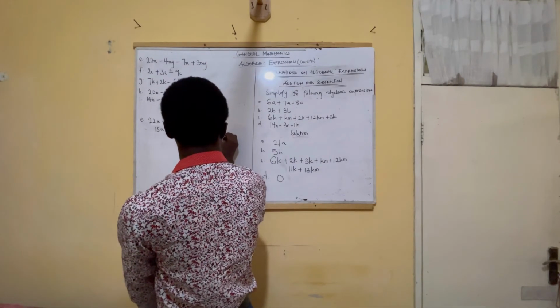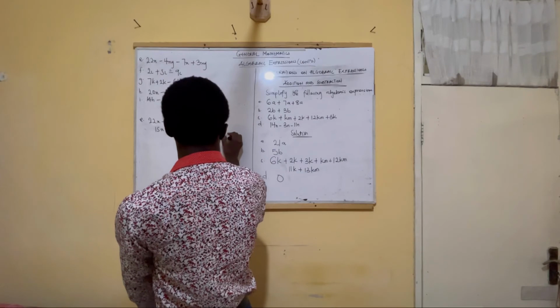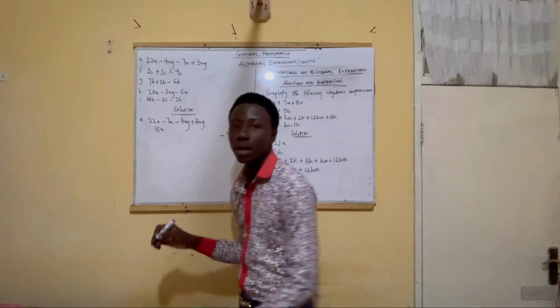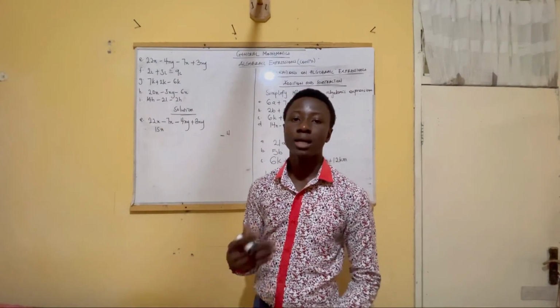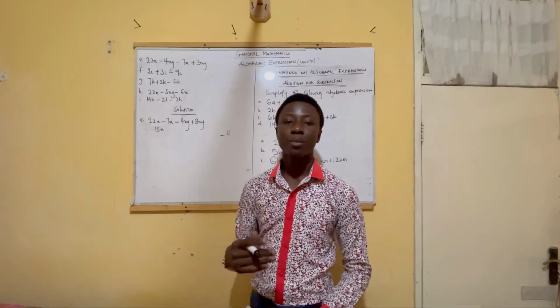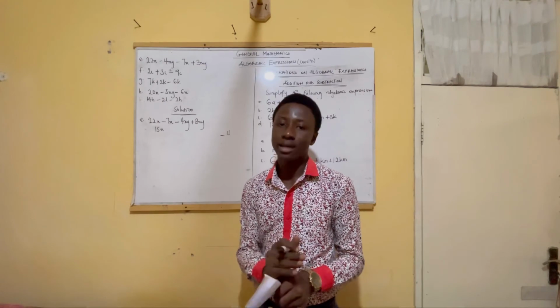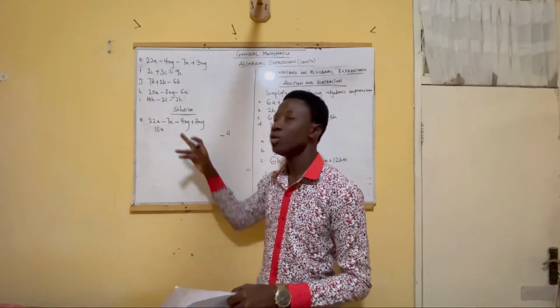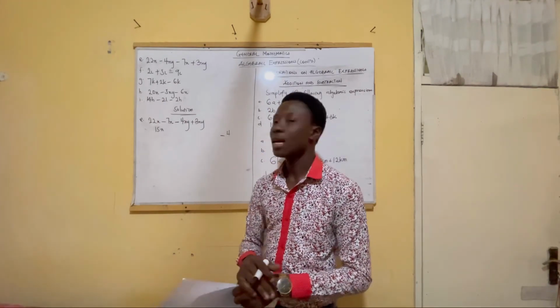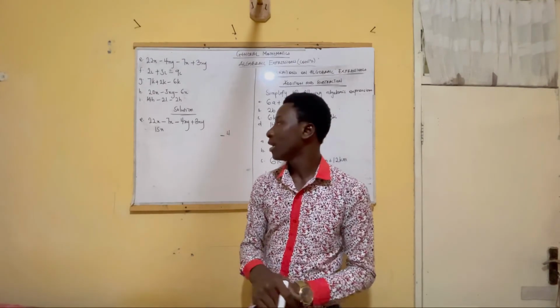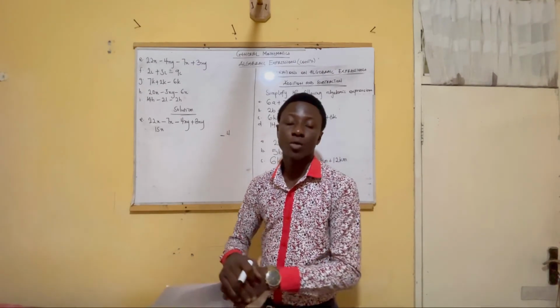So, well, let me explain the rules of integers to you. When you have a negative in front of a number, we say you are in debt, okay? And then when you have plus in front of a number, it means you have money. So assuming you have a debt of 4, and then you have an amount of 3.